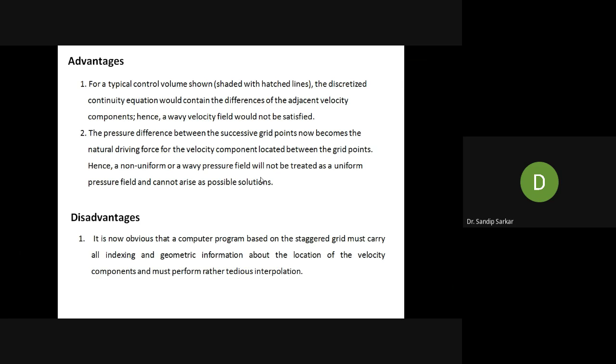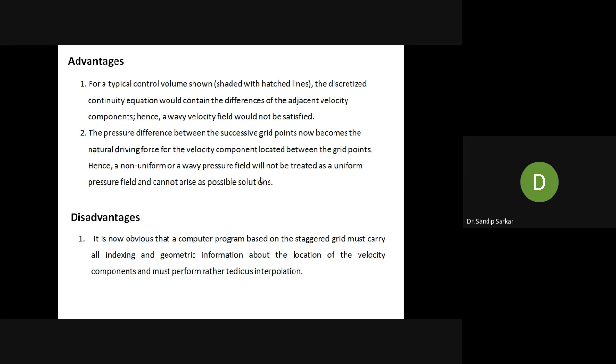With this approach one can obtain varieties of fluid flow solutions, whether compressible, incompressible, non-Newtonian, or fluid flow with heat transfer, with the staggered grid technique in the primitive variable approach.